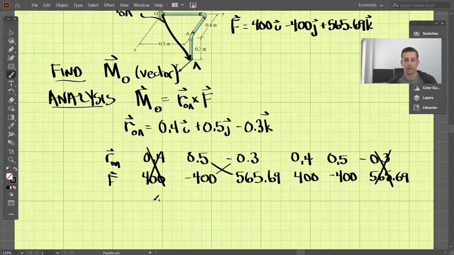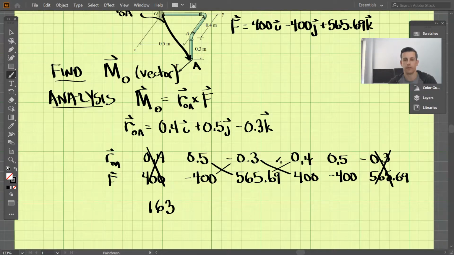And that comes out to be 163. Okay. Then we just move down the line. We perform negative 0.3 times 400 minus 565.69 times 0.4.